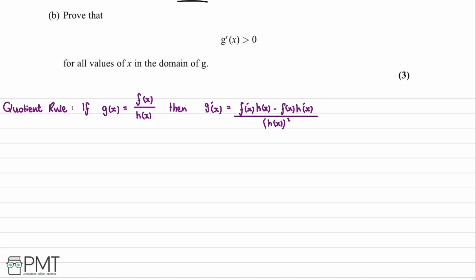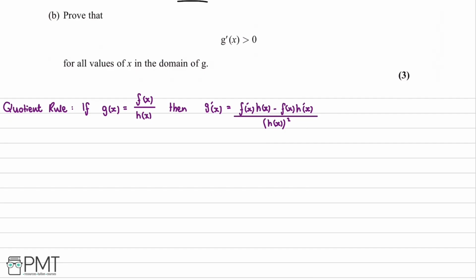So in this question, we're asked to prove that g dash of x, the derivative of the function g, is greater than 0, for all values of x in the domain of g. An important part of this question is going to be the quotient rule.